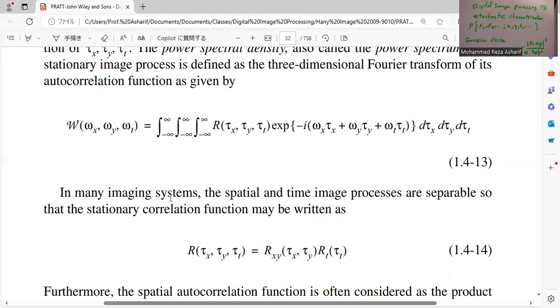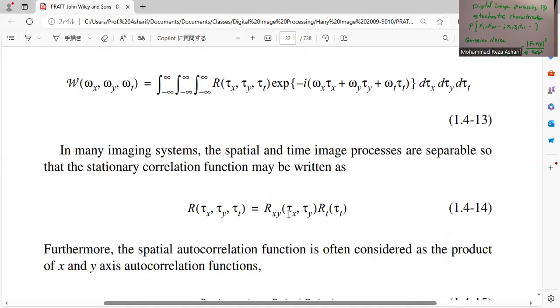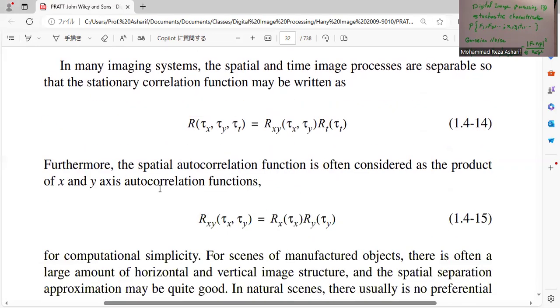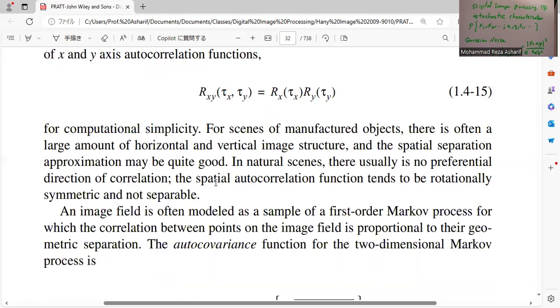In many image systems, the spatial and time image processes are separable, and the stationary correlation function may be like this. Usually it is separable. The spatial geometry is often considered as the product of x and y. So Rxy is this. For simplicity, also for a set of man-made pictures, there is often a large amount of horizontal and vertical line images, so the spatial separation approximation is quite good.